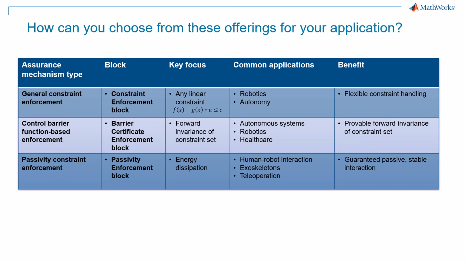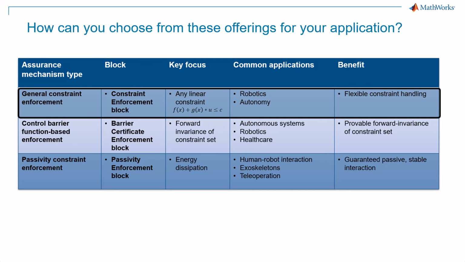You might be wondering how to choose the right assurance mechanism for your application. For that, you can use this table as a guide. The constraint enforcement block is general purpose and can be used across many domains. It allows for flexible constraint handling, for example, in robotics and autonomous systems.